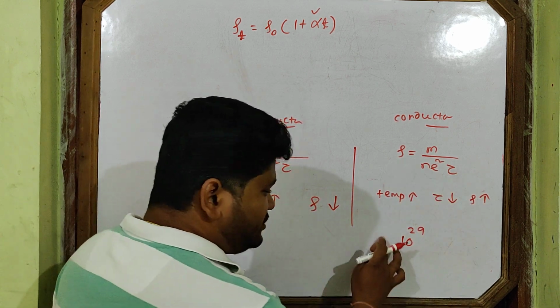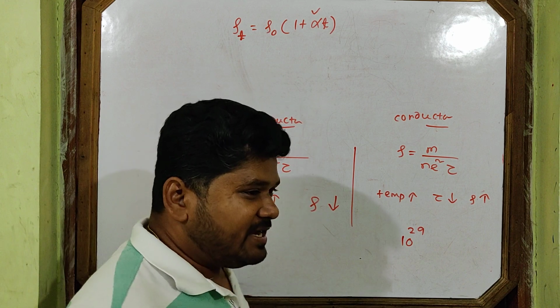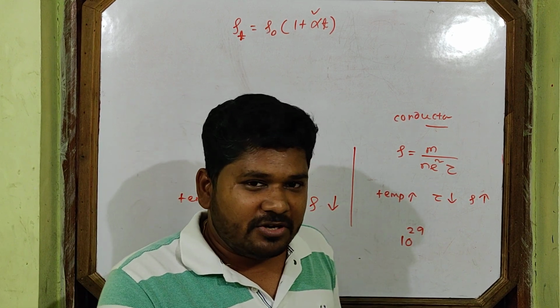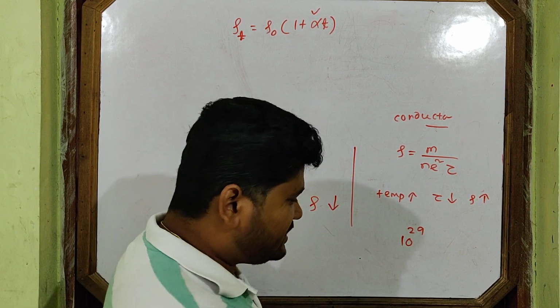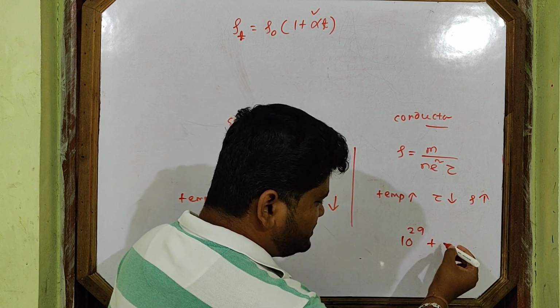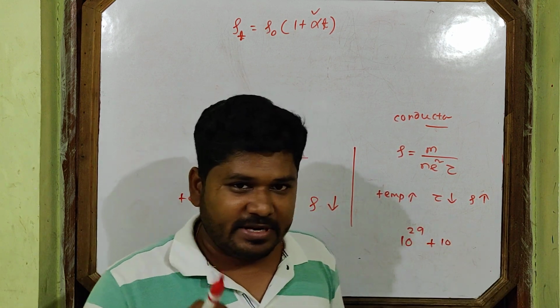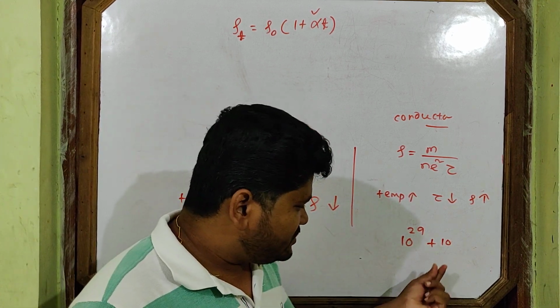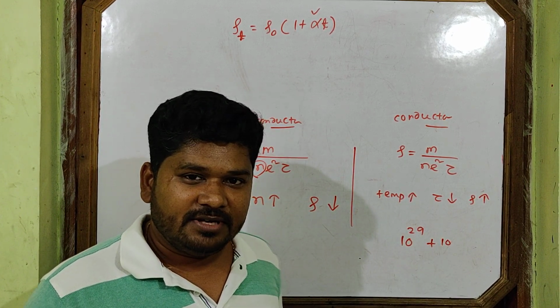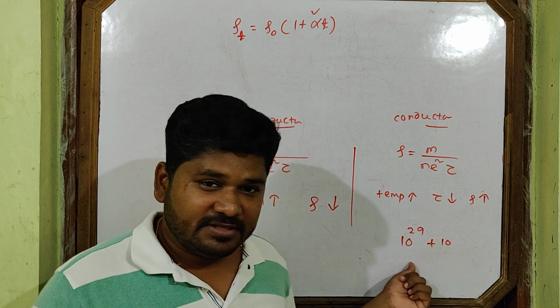But as the number of electrons is very large, due to increase in temperature some electrons may be generated, but their number is small. Suppose 10 electrons are generated, I am just giving one example, not an exact calculation. Is there any much effect?